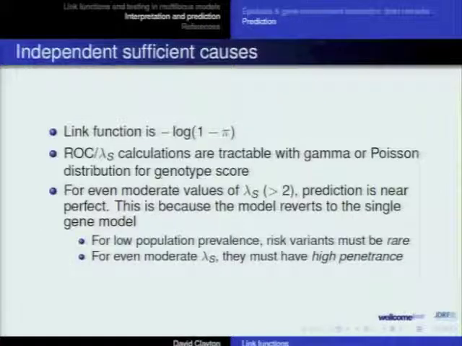So I started off trying to work out what sort of prediction you would get under Risch's other model, the model of independent sufficient causes. There are assumptions you can make to make that happen, and I did it. And for a long time, I thought my program wouldn't work, because every time I did it, I couldn't see the receiver operating curve. The reason was that it was actually sticking to the axes. It was perfect. So after a while, I stopped worrying about my code and started to think.